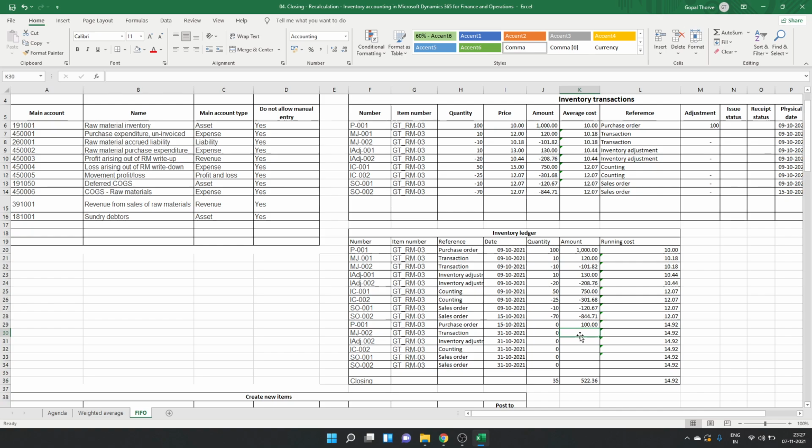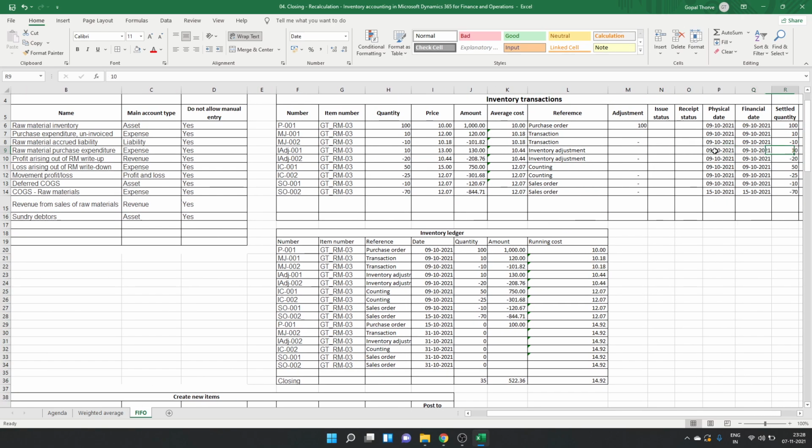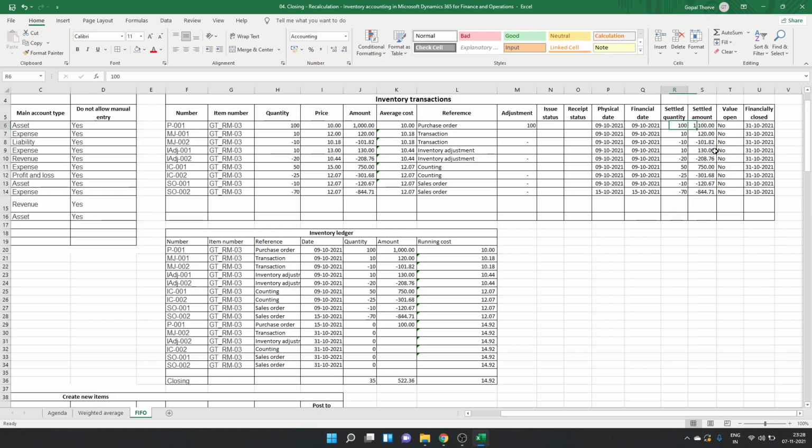In this case, my first inward transaction is a purchase transaction of 100 quantity, and the amount is 1000 plus 100. If you remember, on this purchase transaction, in the last video we posted third party freight charges of 100 bucks, so we have to include that cost also here. Now let me make a few more fields blank here.